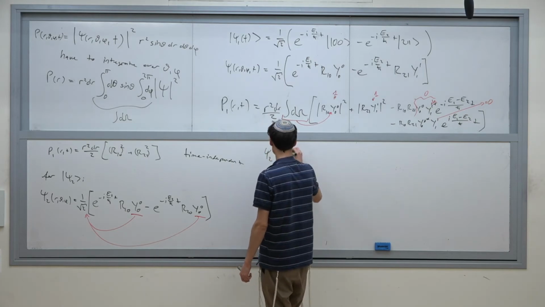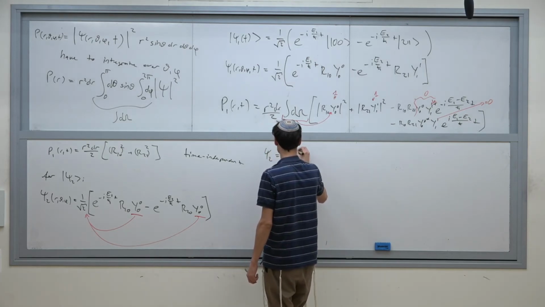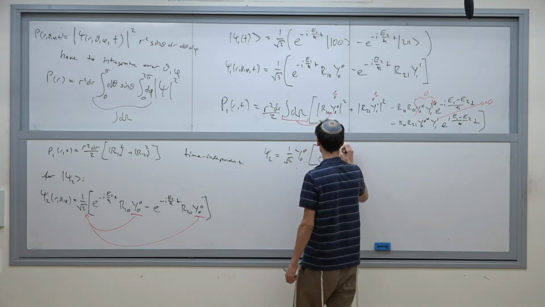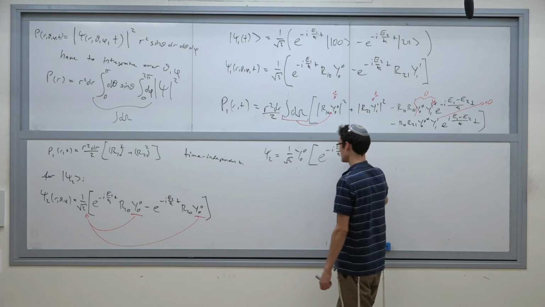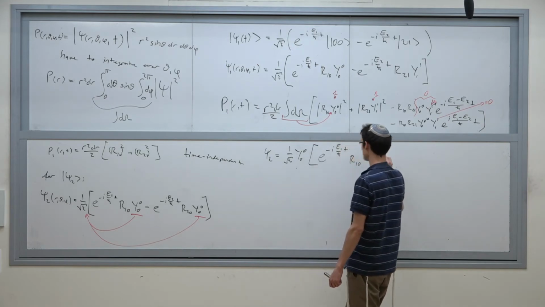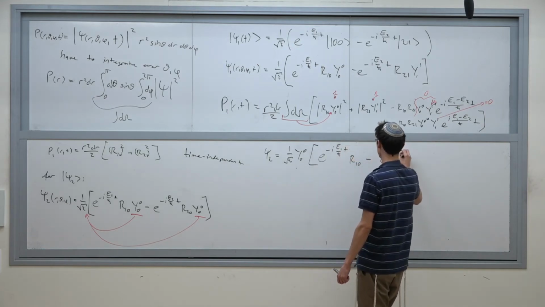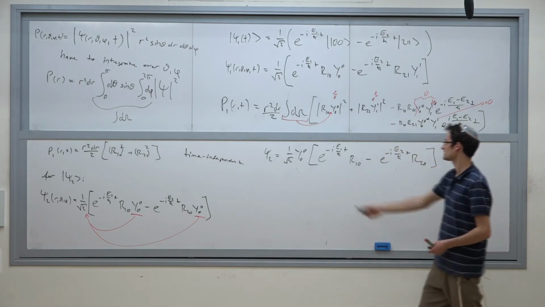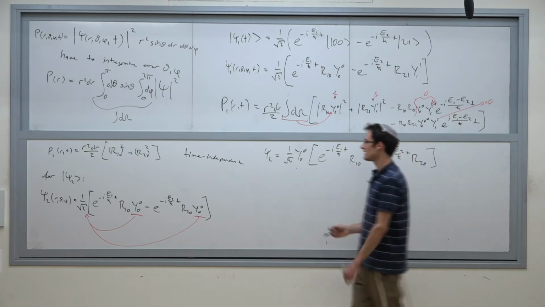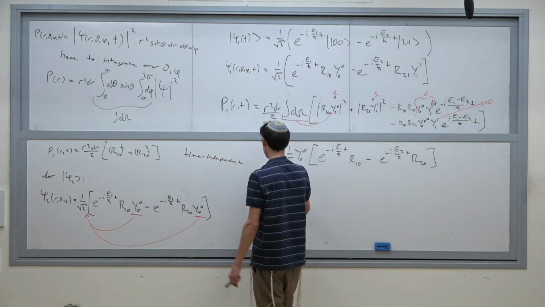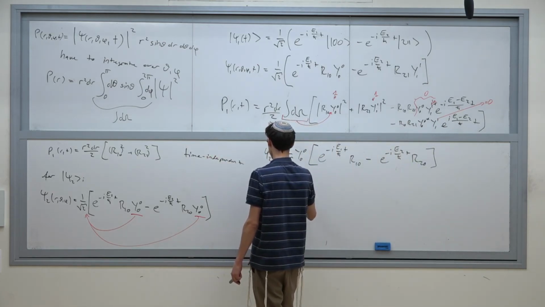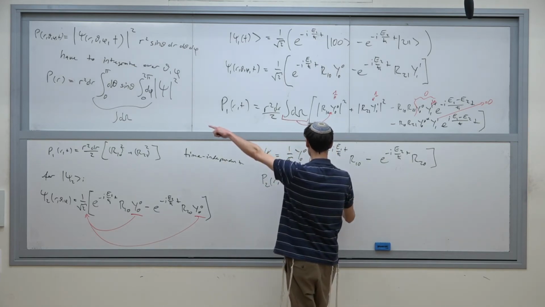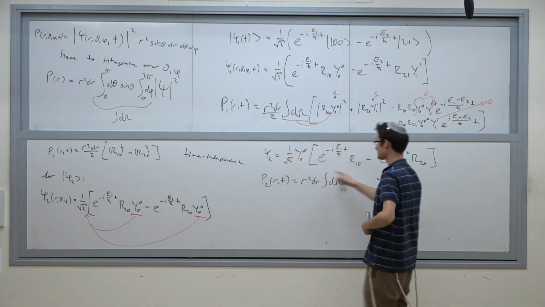So it's 1 over root 2 Y00, and then there's an e to the minus i E1 over h bar t R10 minus e to the minus i E2 over h bar t R20. Okay, and the Y00 is now outside. Now when I want to calculate the probability, call it P2, I have to, according to the formula, integrate over d omega, and then this thing squared.